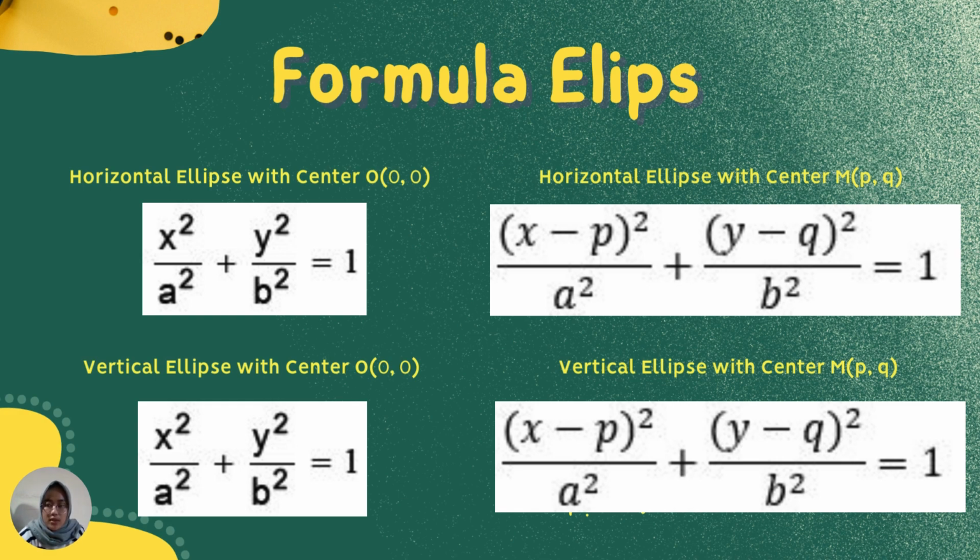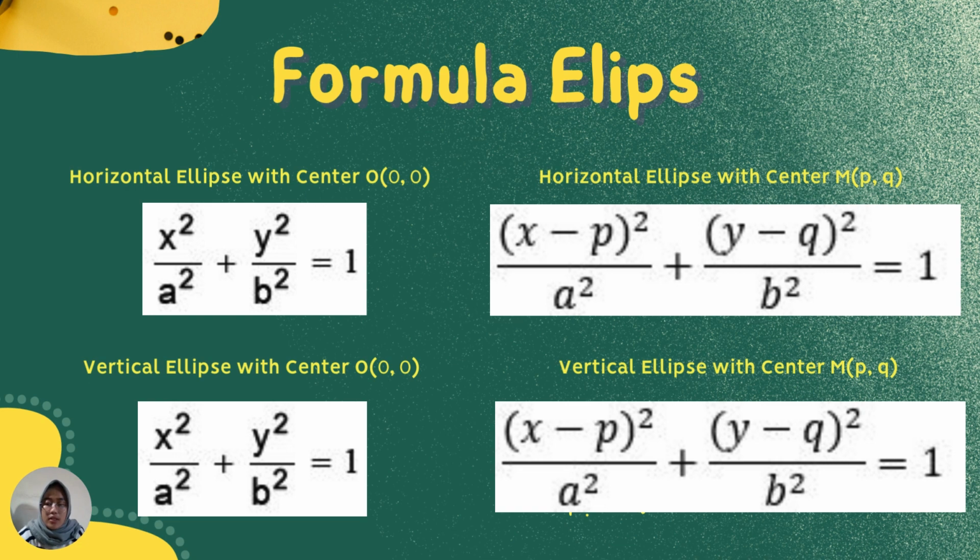Then the formula for a horizontal ellipse with the center at (p, q) is (x minus p) squared over a squared plus (y minus q) squared over b squared equals 1. For the vertical ellipse with center (0, 0) and center (p, q), it turns out to be the same as the formula for horizontal ellipses.